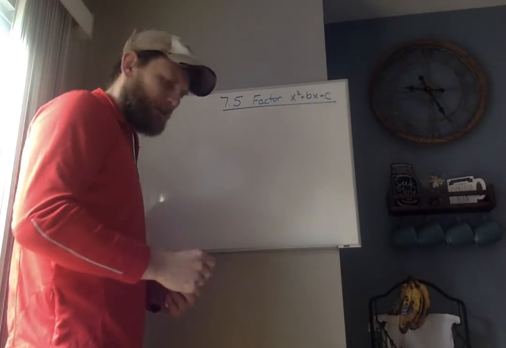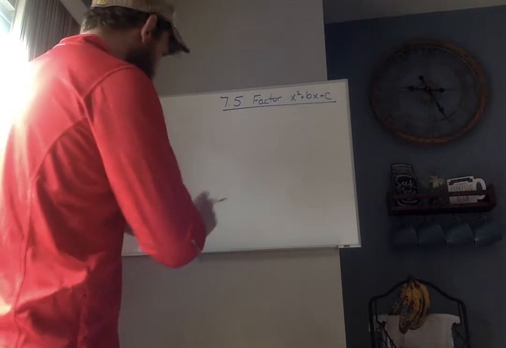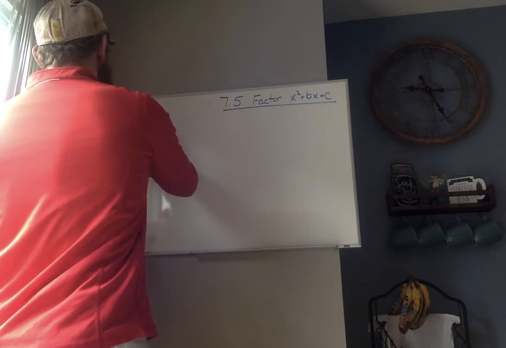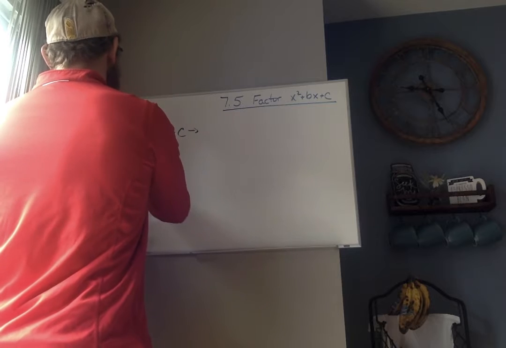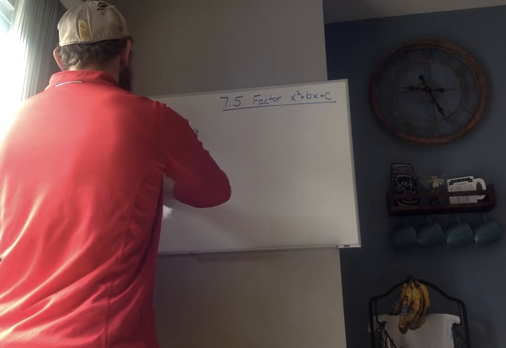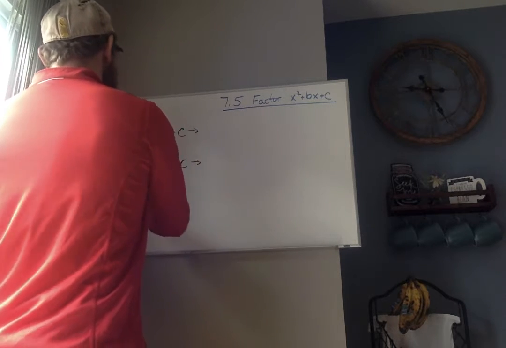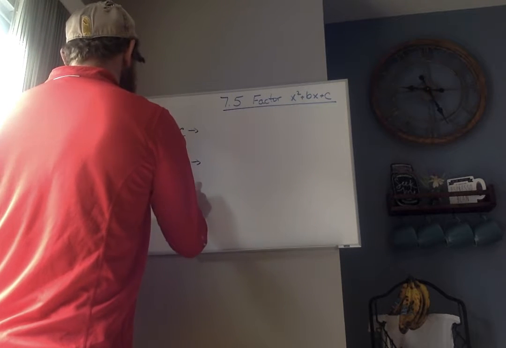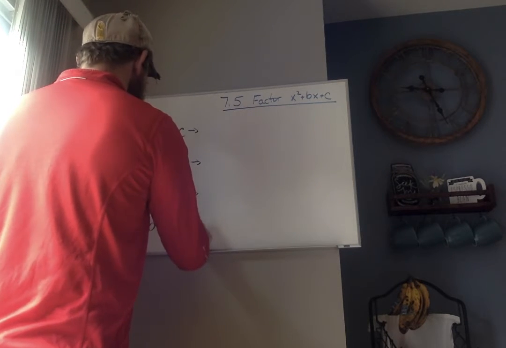On a separate sheet of paper or something like that, we're going to take a little bit more notes, okay? So I wanted you to write down these. x squared plus bx plus c. x squared minus bx plus c. x squared plus bx minus c, and x squared minus bx minus c.